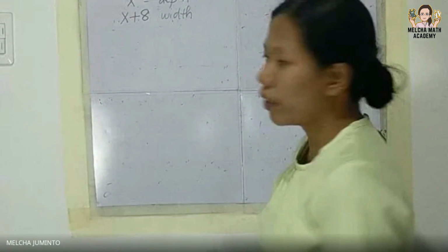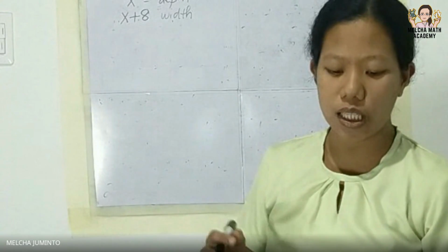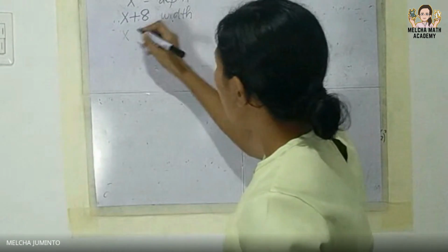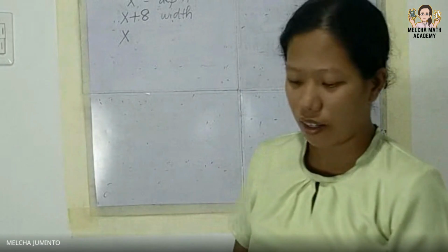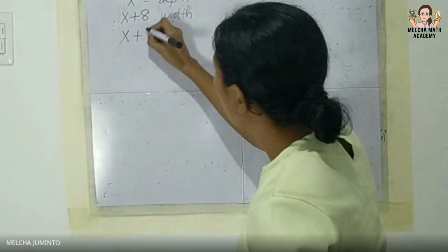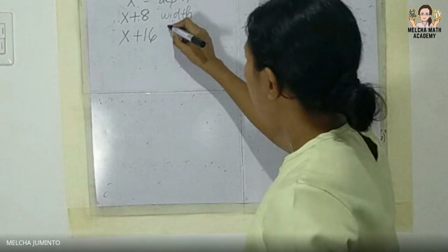And then for the length, we will be considering the statement, the length is 16 feet more than the depth. So you start again with the depth, which is x, and the length is 16 feet more than the depth.